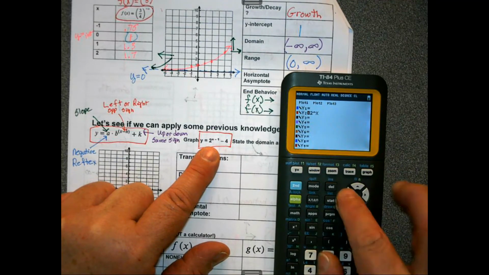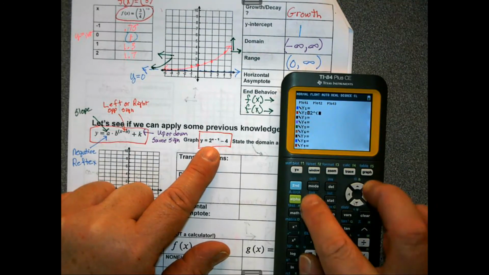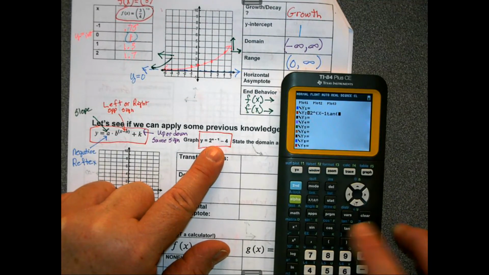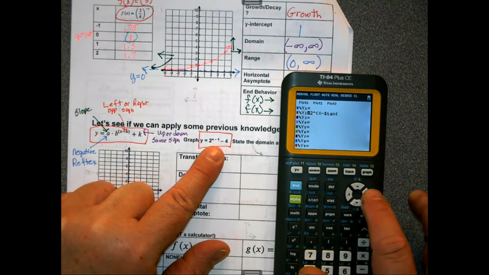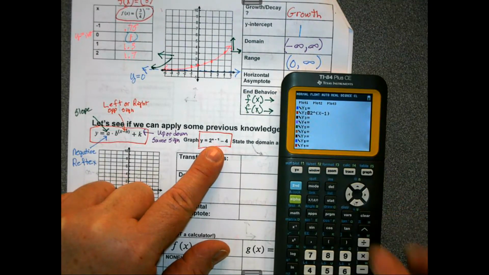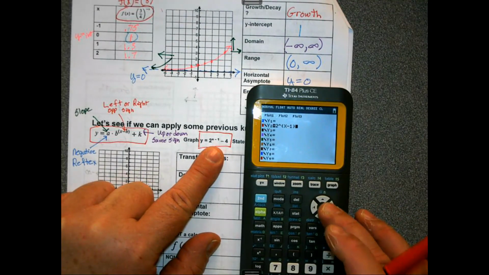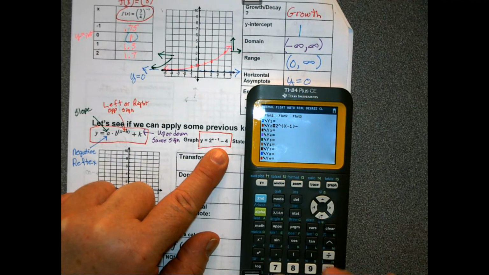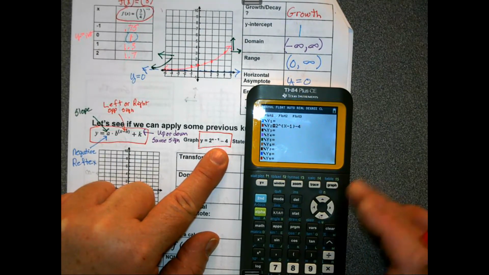Close that parenthesis. Now on your calculator, you have to hit that right arrow key to get out of your exponent. Then hit your minus 4. Graph it.